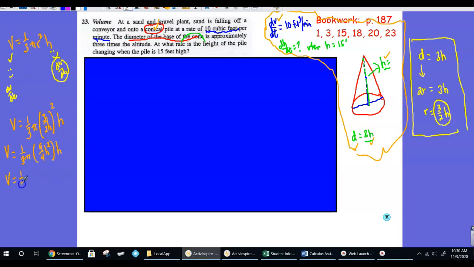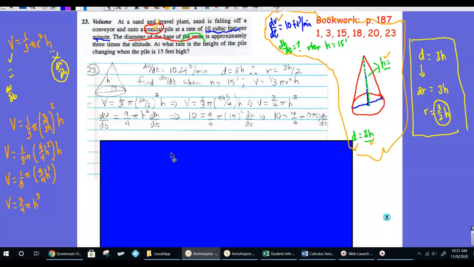Then I'm going to keep the 1/3 pi. I'm going to multiply h squared times h and get h cubed. I'm just doing this slowly so you can see all the simplification, because you want this as simple as possible before you start taking the derivative. I can divide 9 by 3 and make that 3/4 pi h cubed. And from there I can take the derivative.